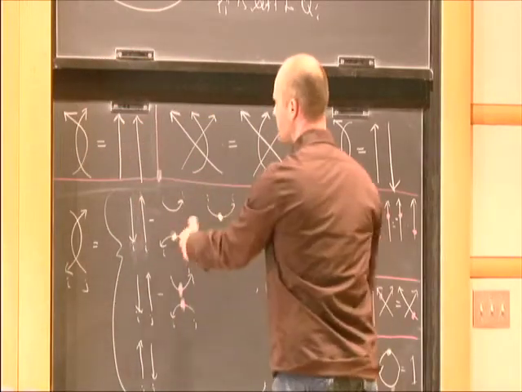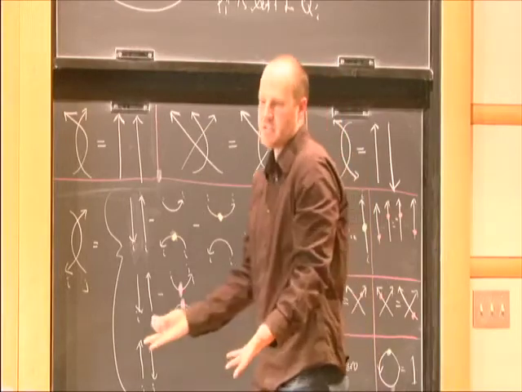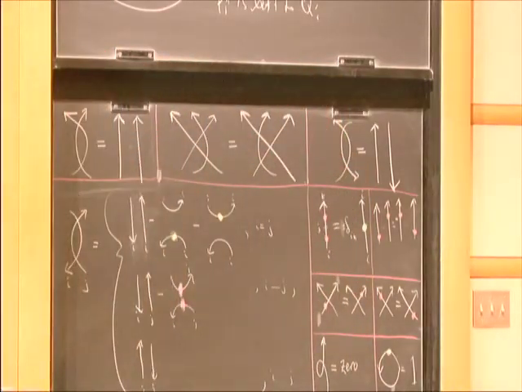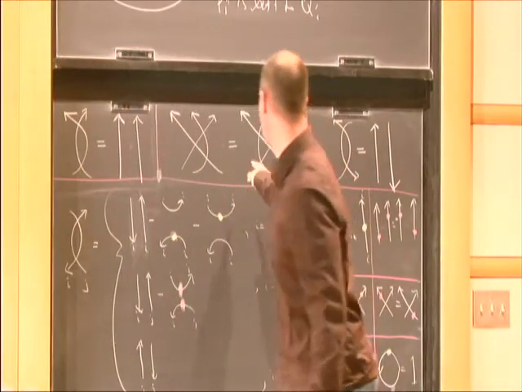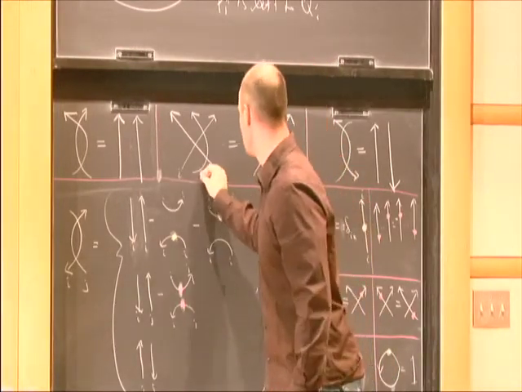So if you forget dots and you forget cups and caps and you just look at the diagrams you draw, you'll have exactly a copy of the symmetric group sitting inside your endomorphism algebra. This is true for any labels. It doesn't matter what I put here.